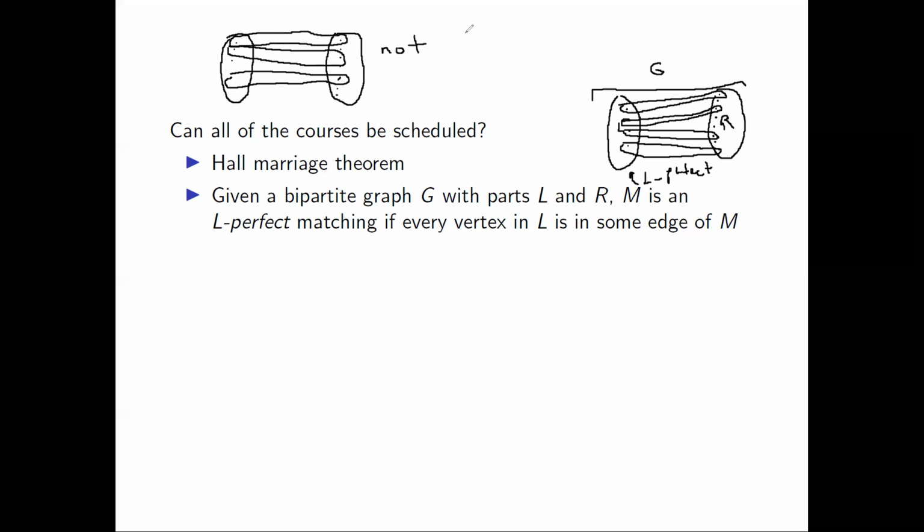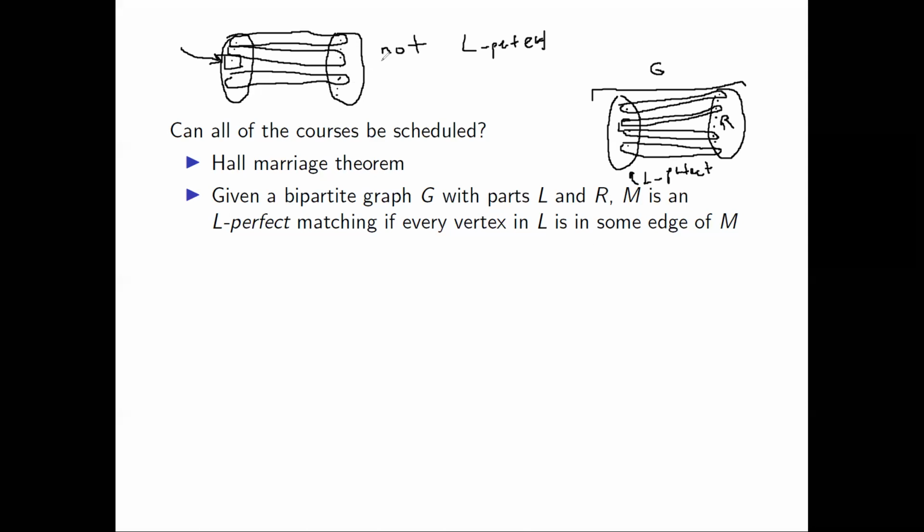This one is not L perfect. Why is it not L perfect? It's because of this one right here. That's the problem. That one is not in any edge in the matching.